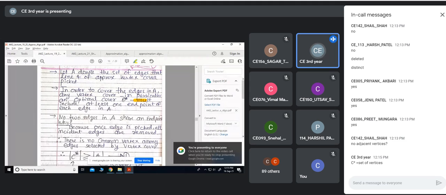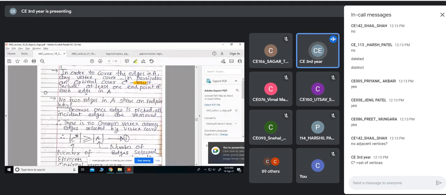And no two edges in A share a common endpoint, because once an edge is picked, all incident edges are removed. Now compare the size of the optimal answer and the size of the set of edges.